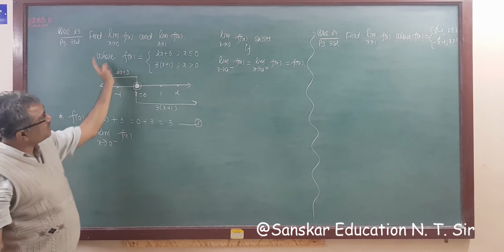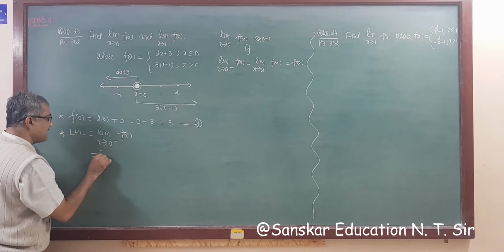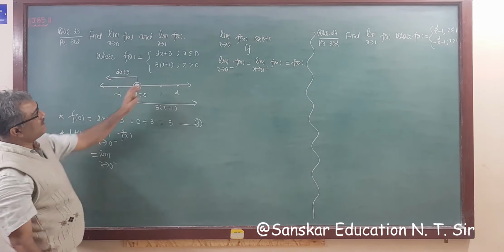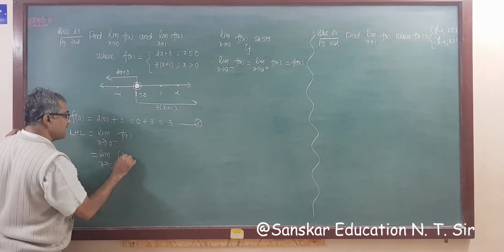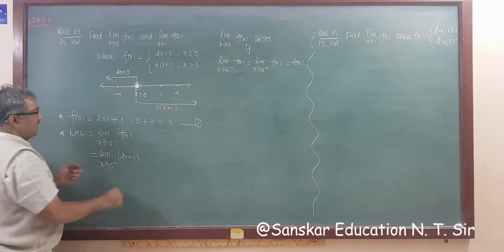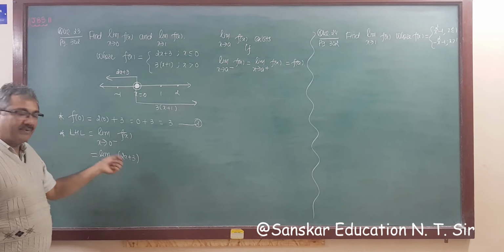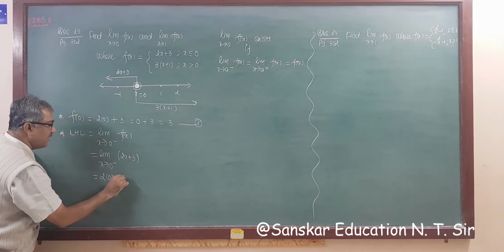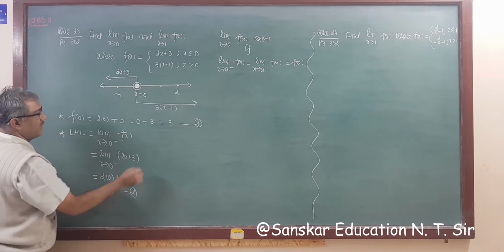While x is less than 0, the function is defined as twice x plus 3. Now, there is no denominator, so the denominator is never equal to 0. So substituting the limit directly, we get 2 into 0 plus 3, that is 3. Reason number 2, right?